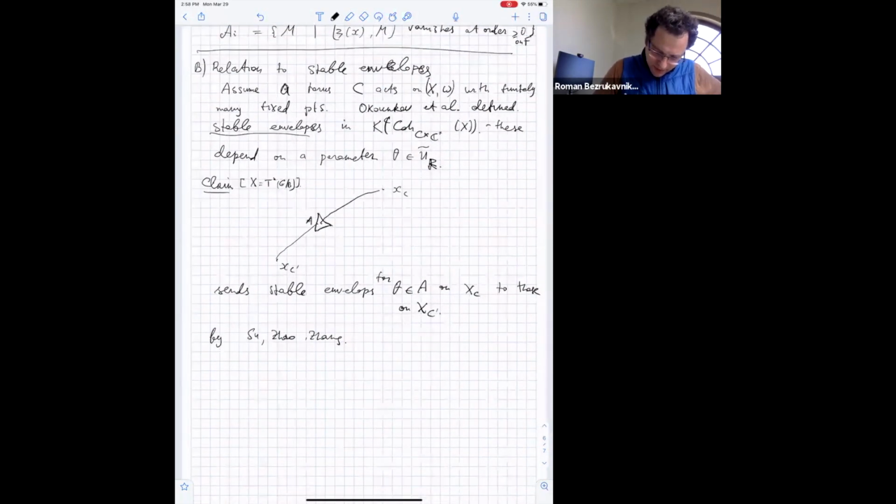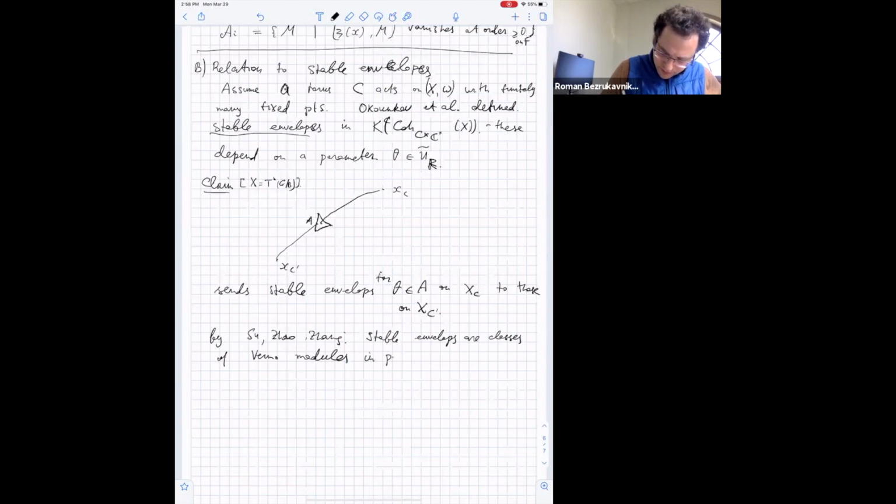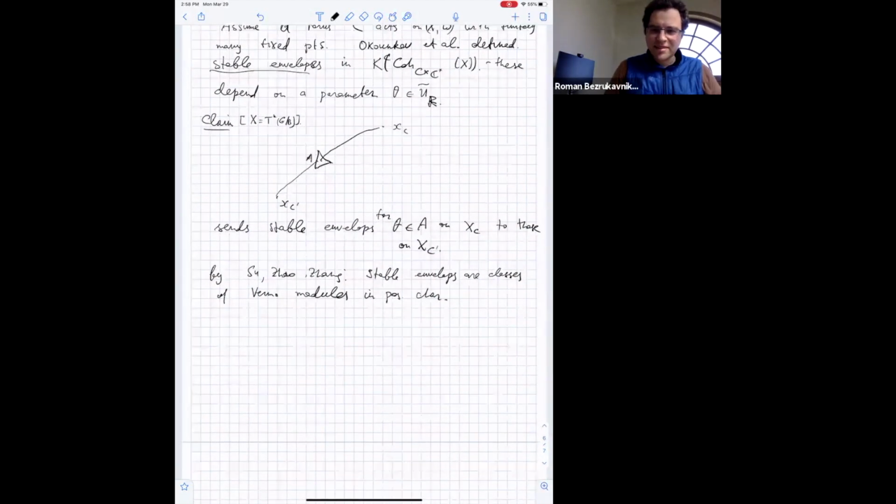So these stable envelopes correspond to classes of objects which correspond to Verma modules under the derived localization in positive characteristic, which I didn't address explicitly, but which is in the background of all this.